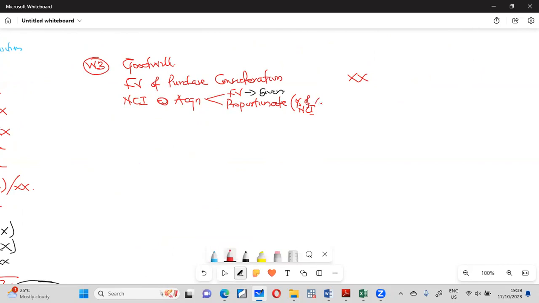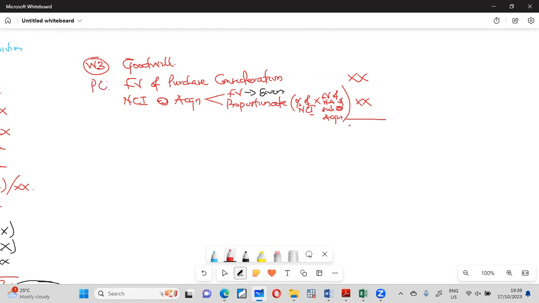So multiply by what? Fair value of net assets of subsidiary at acquisition. Please, did you get that? So you multiply it by that, then you add them together and get the purchase consideration.